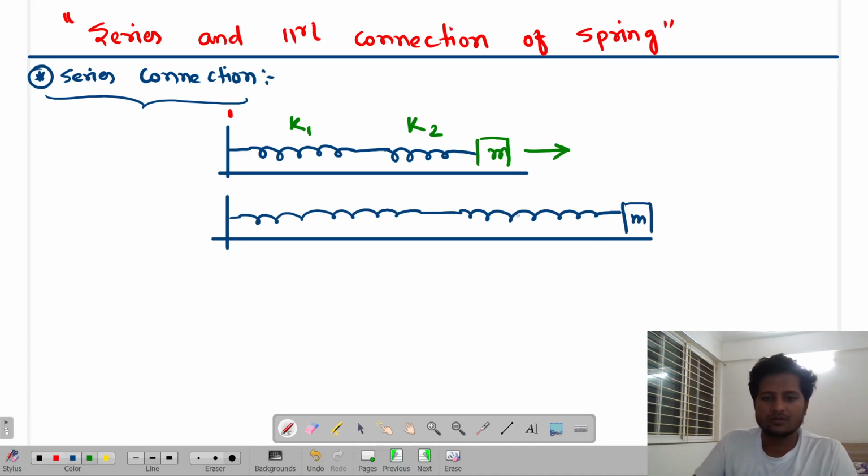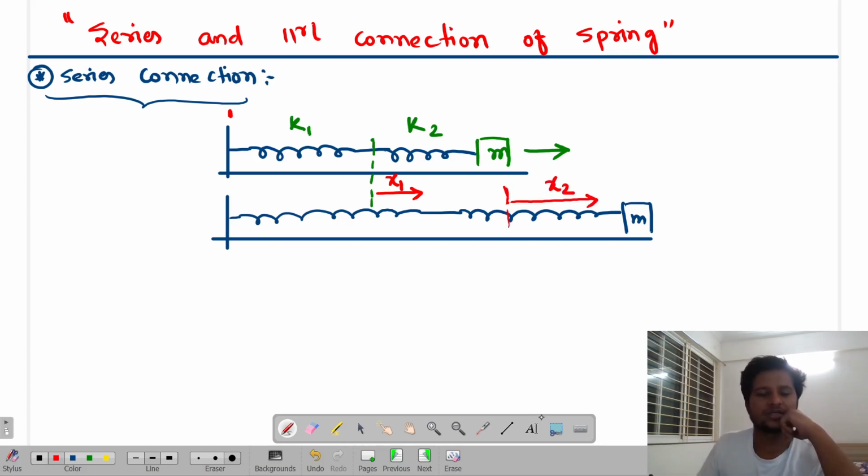Let us suppose this is the natural length for both of them. This one got expanded by some distance x1. Since the spring constants are different, they will stretch differently. And this one got extended by another distance, which we call x2.